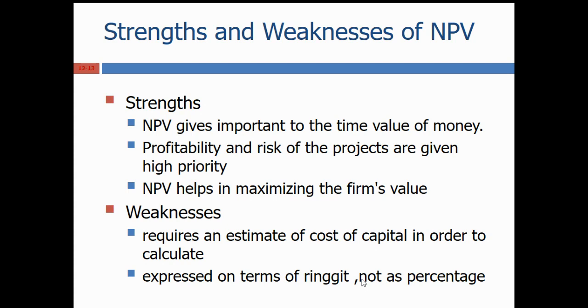If I do the project, what is the profit? What is the return I'm getting? They prefer if you tell them 15.5%, or that this project gives 20% return, compared to giving them a value in ringgit. So that is a weakness of NPV.